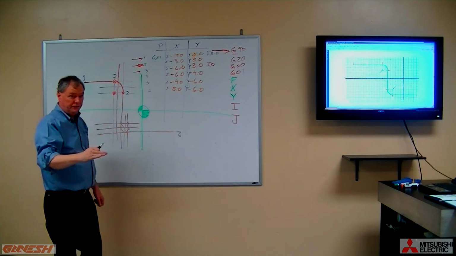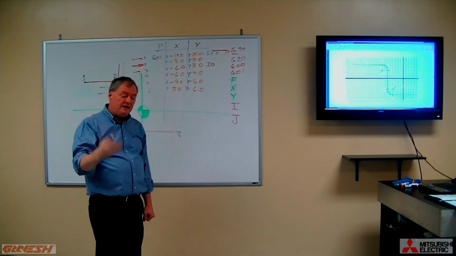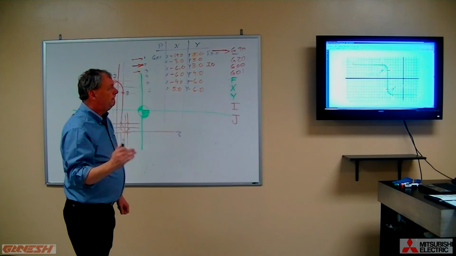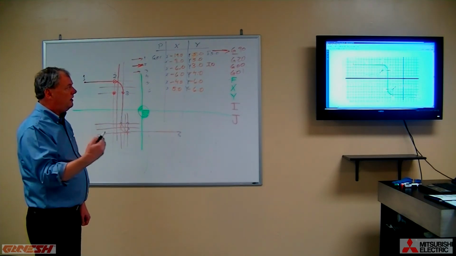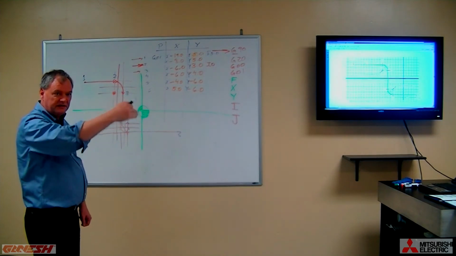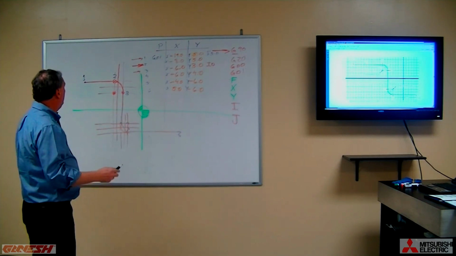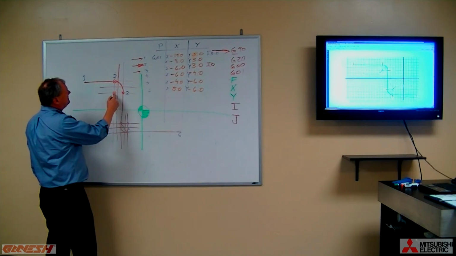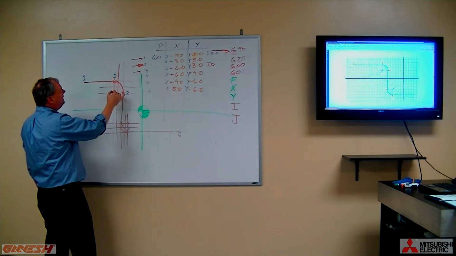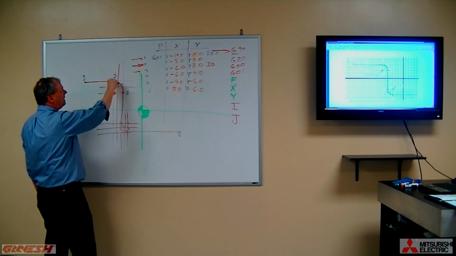Don't worry, we're going to go through this plenty of times. It's kind of complicated, but it's something you have to know, because this is one way the control processes circular commands. The next thing we have to do is say, okay, where is the circle center in Y?